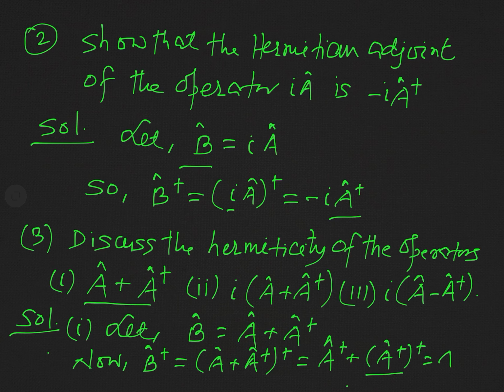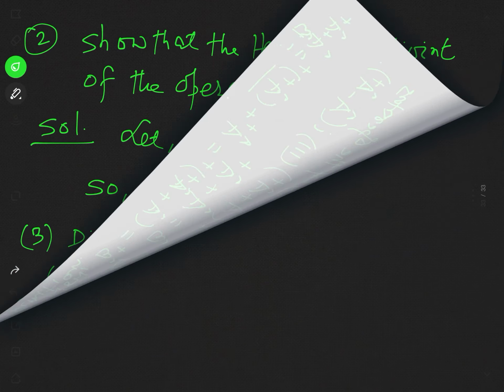This is in fact A hat plus A hat dagger. So what we see is that this is equal to simply B hat. And so this operator is Hermitian, because its Hermitian adjoint is the same as the given operator. So this is Hermitian.